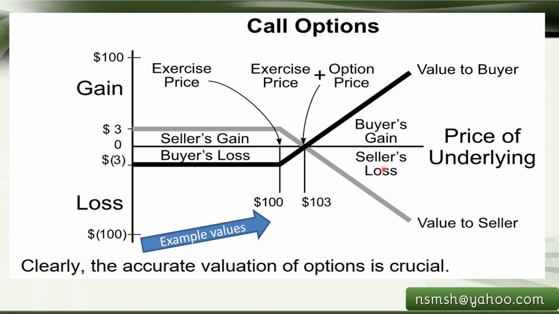For the price of the underlying asset beyond that point, the seller is at a loss and the buyer is at a gain. But if the price is up to $100 in the previous example that we saw, the seller is in gain and the buyer is at a loss. When the price reaches 103, automatically the seller is losing but the buyer is gaining. Accordingly, this is calculated.